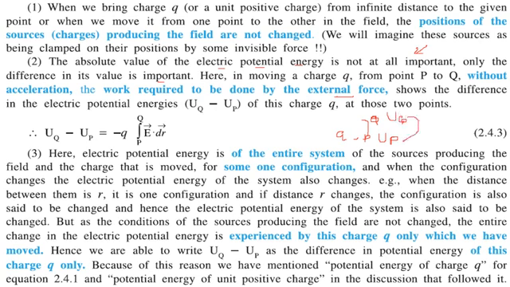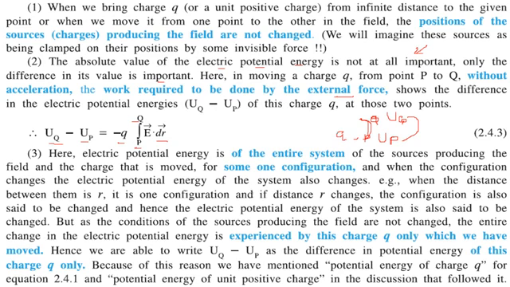UQ minus UP for that charge. By definition it becomes minus Q integral from P to Q of E dr, where P and Q are the initial and final positions.